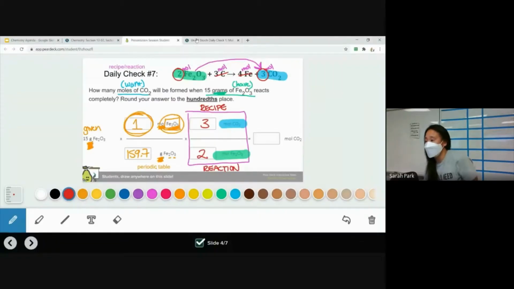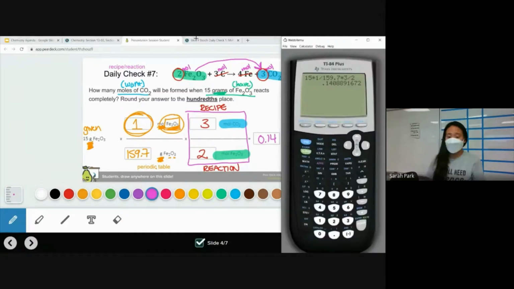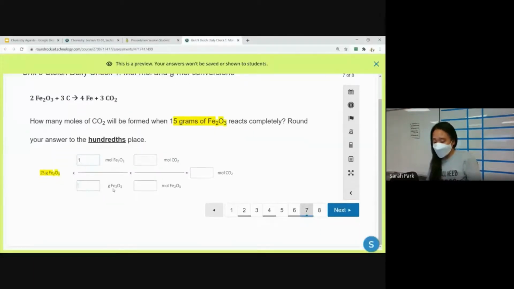I'll write down the answer. It is 0.14. I believe we got the same exact answer, but let's transfer it all over here. This was 1, this was 159.7. This came from here. This came from here. So 3, 2, and the answer was 0.14. Perfect.